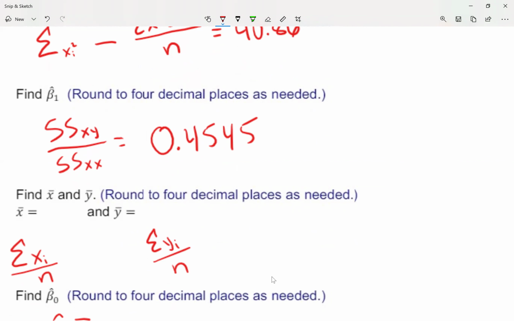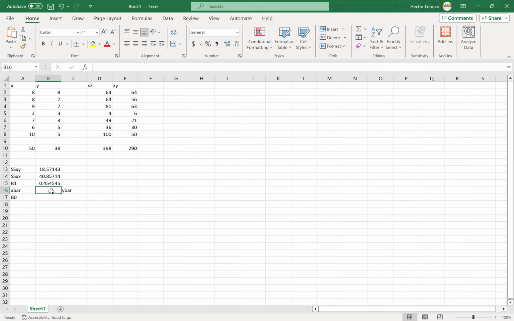Okay. So let me come back to my formula here. For my x bar, let me remind you of the formula that I said we were going to use. For the average of the x's, well, I'm going to add all the x's divided by n. N is how many values we have. Now for my y bar, I'm going to add all the y's. So sigma, remember, add them all, divided by n.